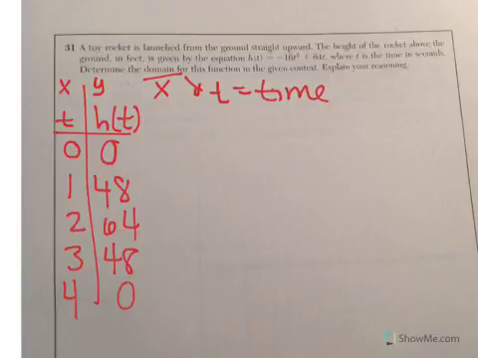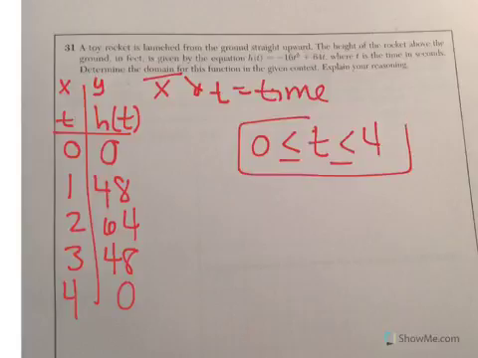So the domain is going to be from 0 to 4. This is your domain, okay?